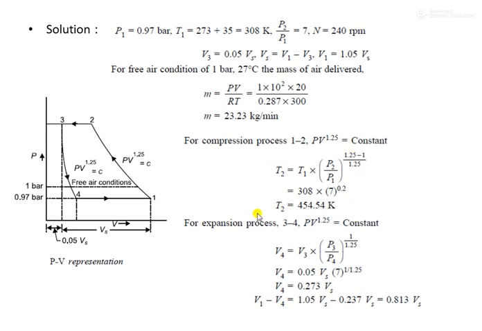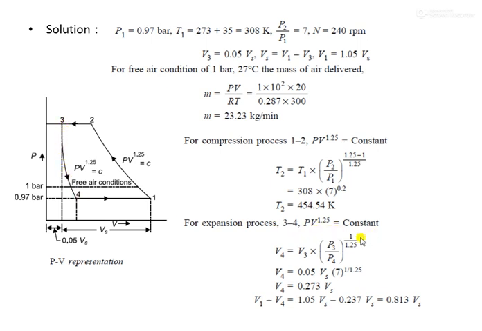So we can find the temperature of the air at the second state, that is, at the end of compression. It comes out to be 454.54 Kelvin. We can use this polytropic relation to find the temperature at the end of compression, right?